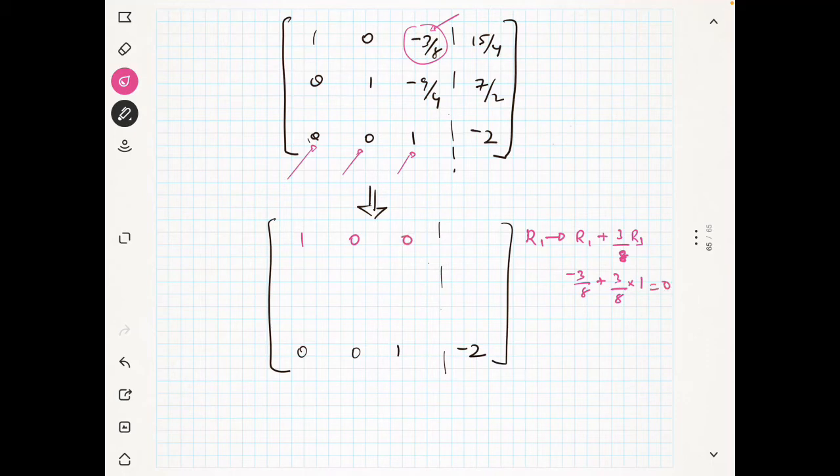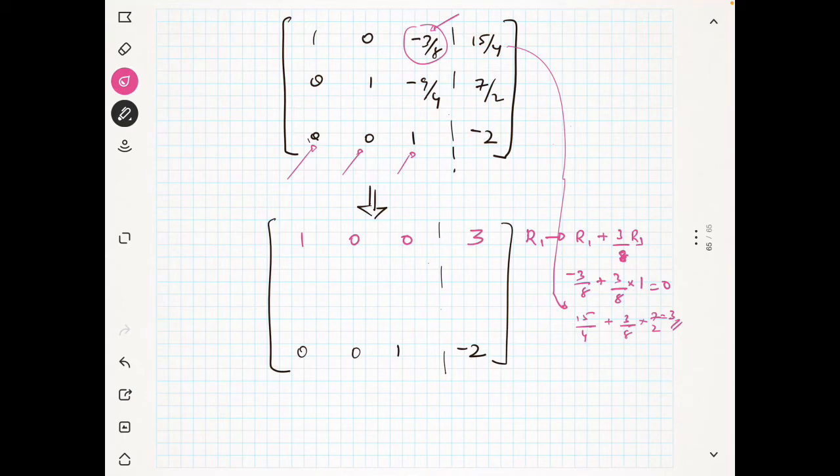And this element becomes 15 by 4 plus 3 by 8 into, the last element of row 3, minus 2. I will check whether it is correct. You will get this element as 3. That's it.